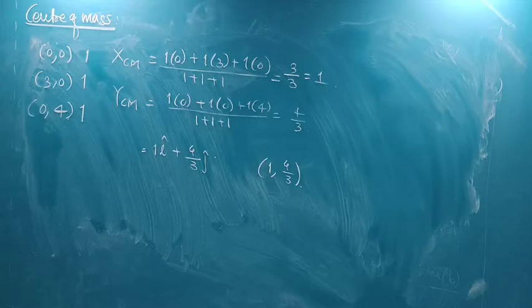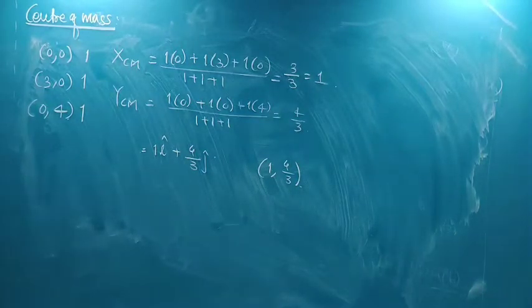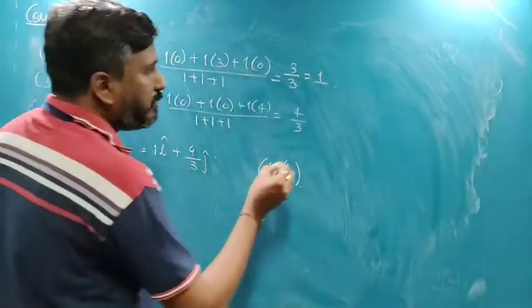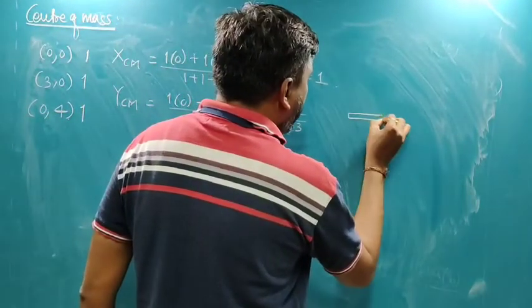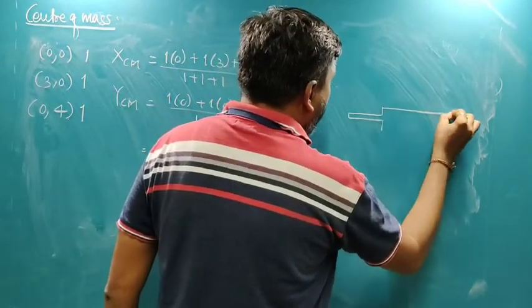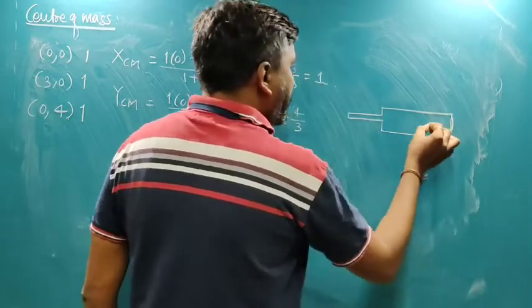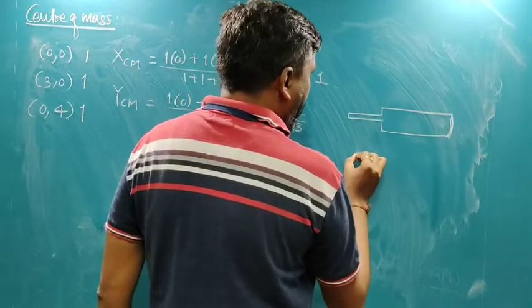Now one more question, a theoretical question, is that a cricket bat is cut at the location of its center of mass as shown in the figure. This is one simple cricket bat, and this bat is cut exactly at the center of mass.